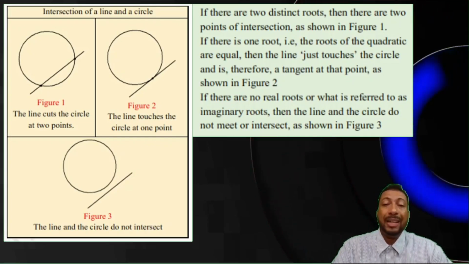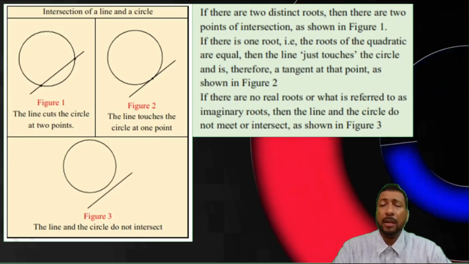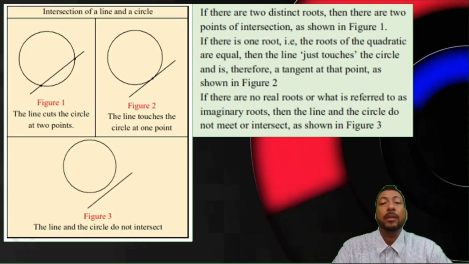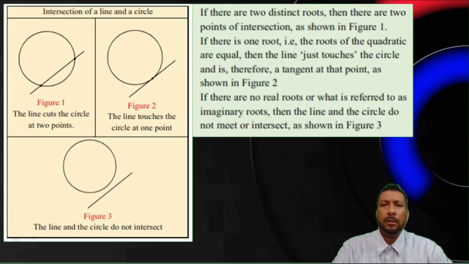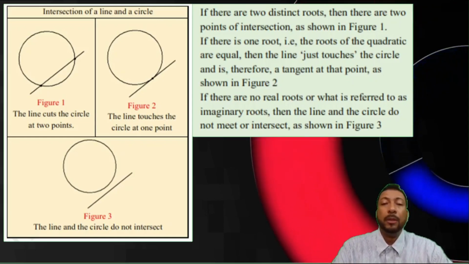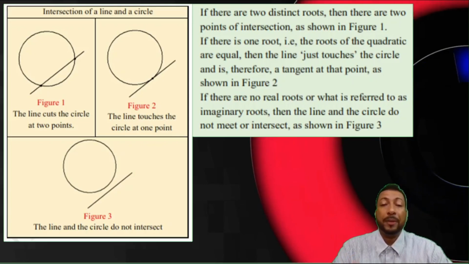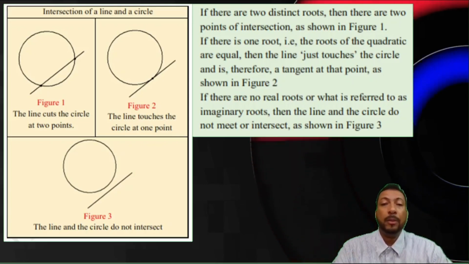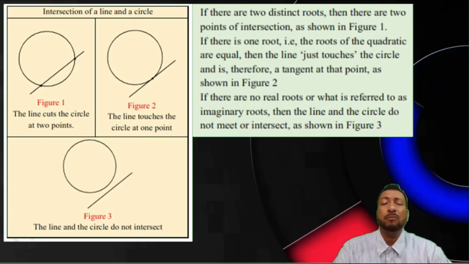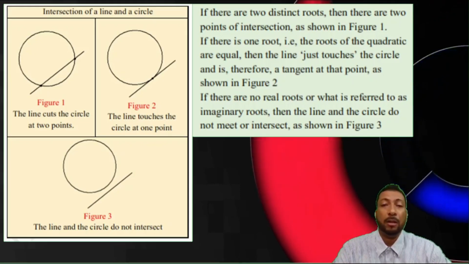However, if the line and the circle do not intersect at all, then you have imaginary roots. So when you are solving the equation here using the quadratic formula, if you try to find the square root of a negative number in your working, then that means you have imaginary roots, and hence the line does not cross the circle at all.